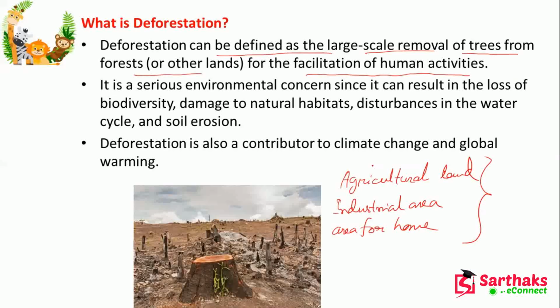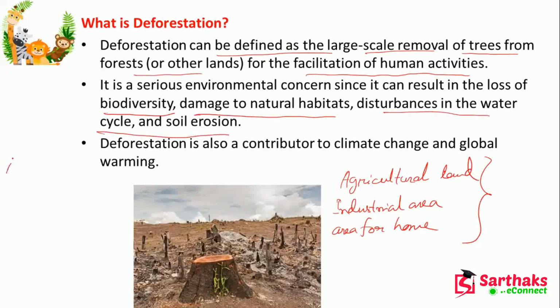But if you cut all the trees of a forest, a large area of the forest, that is called deforestation, and it's a serious environmental concern that results in the loss of biodiversity, damage to natural habitats, disturbances in the water cycle, soil erosion, all these things.